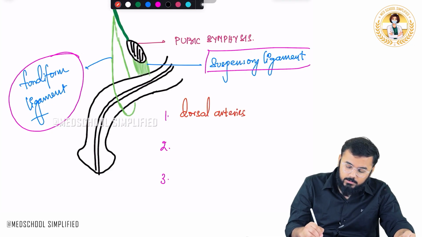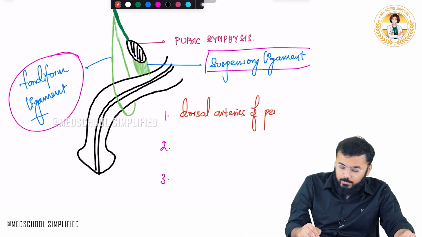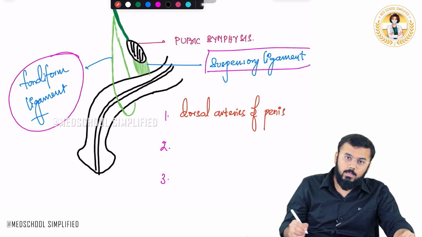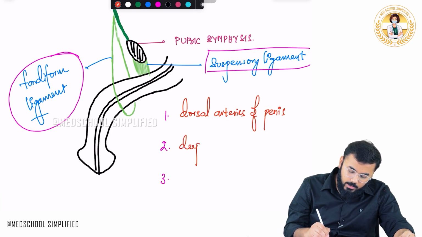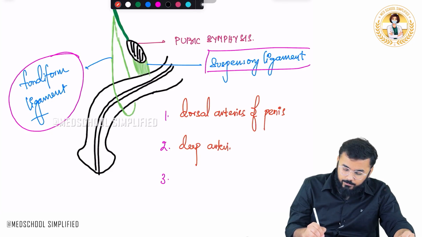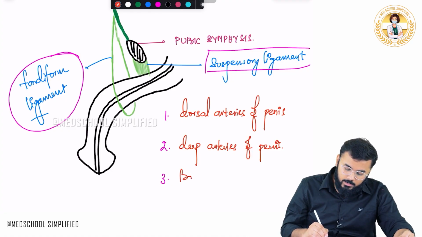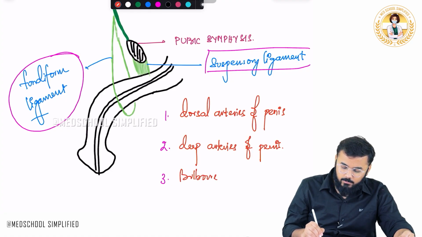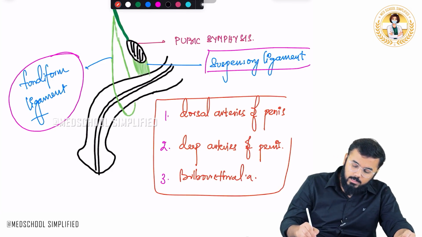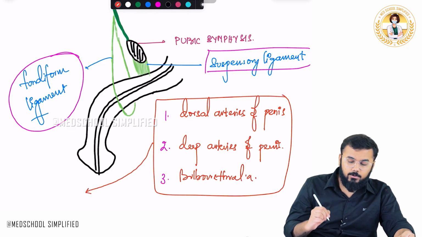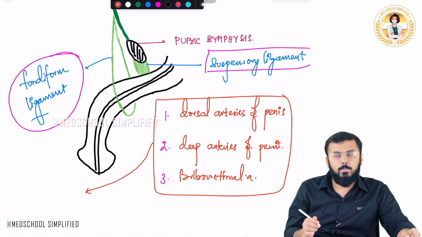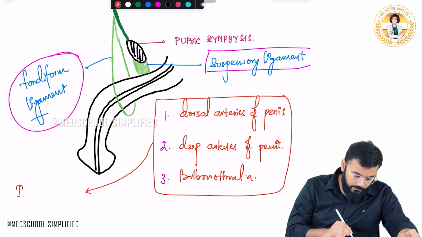Next is the deep arteries of the penis. And third is the bulbourethral artery. Remember that all these three arteries supply the penis, and all are branches of the internal pudendal artery.